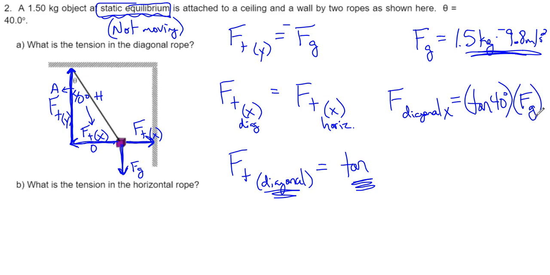And then your overall diagonal force, the magnitude is equal to the force of gravity times the cosine of 40 degrees.